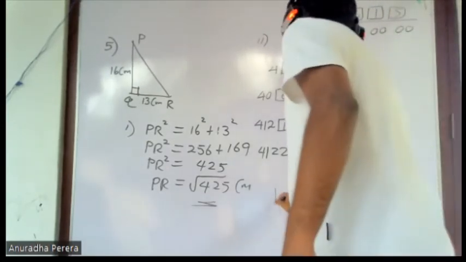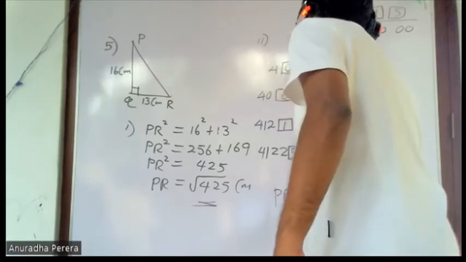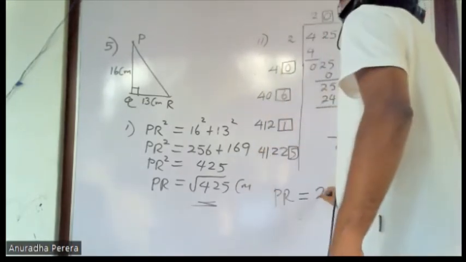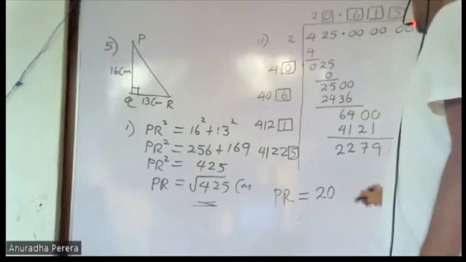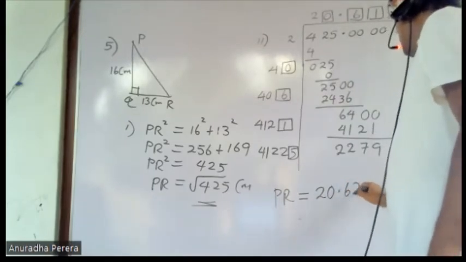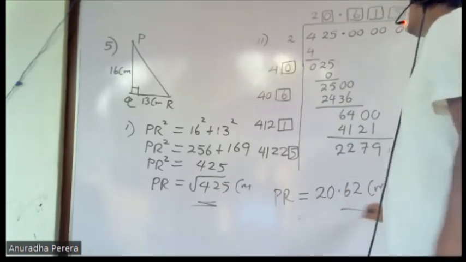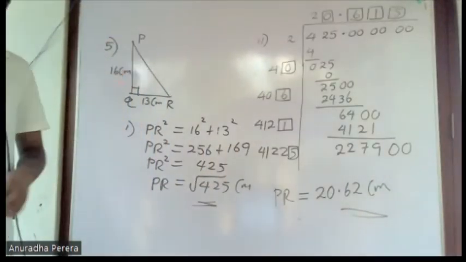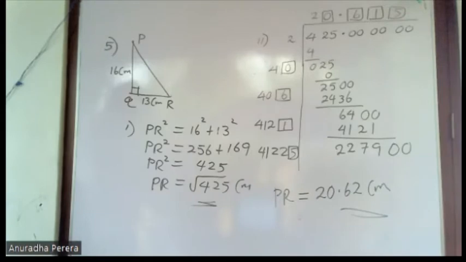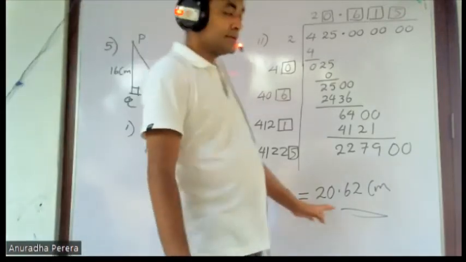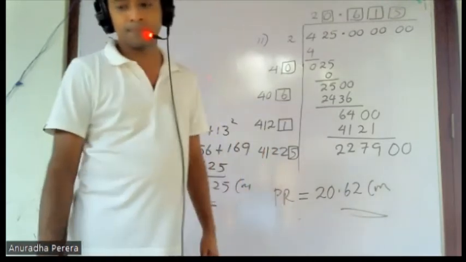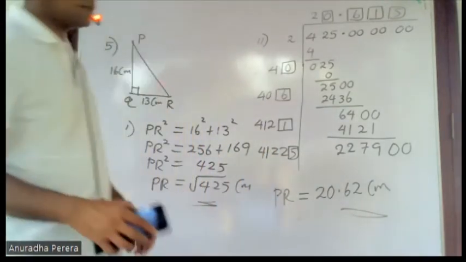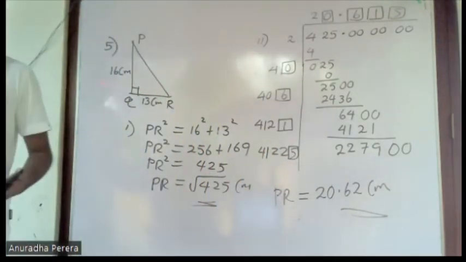Then you can write PR to the second decimal place, 20.62 centimeters, because the third decimal place value is 5. When rounding off, add 1 to the second decimal place, so the answer becomes 20.62. Make corrections.